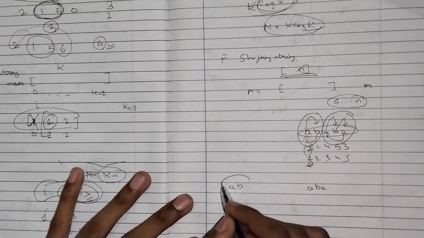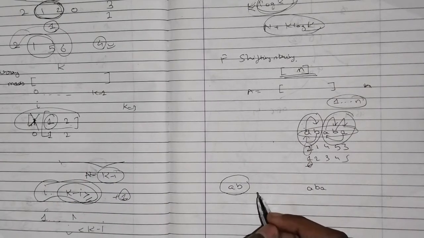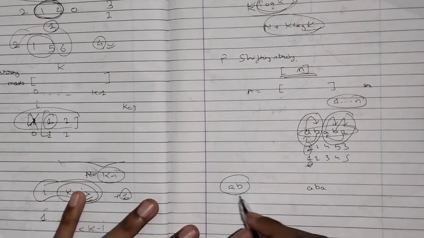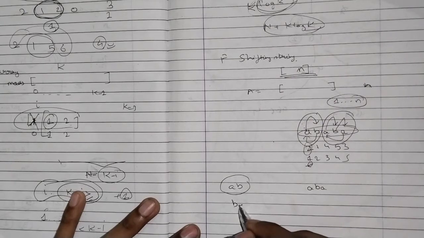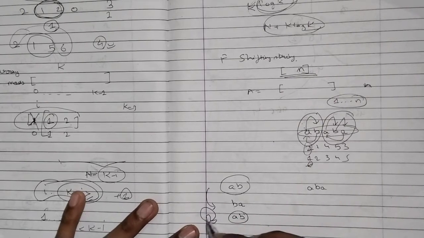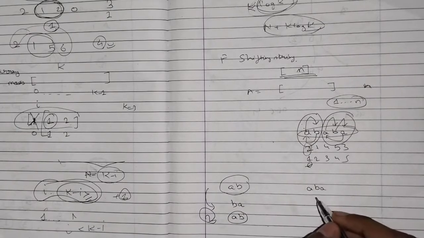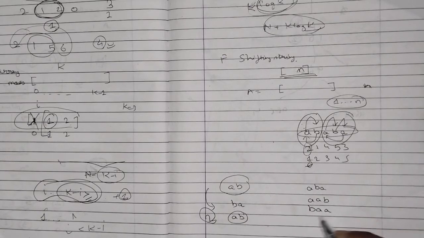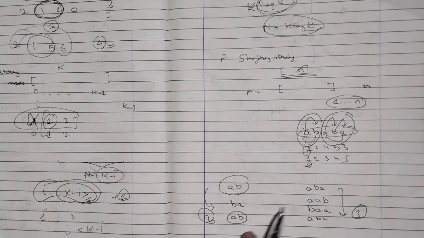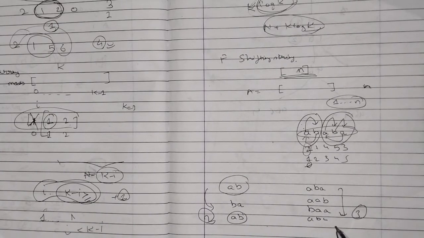Now after how many steps will this string be back to normal? After one step it will become BA, after another step it will become AB. So after two steps this is becoming what it originally was. Similarly, for this string it will become AAB, BAA and ABA. So after three steps it comes back to original.